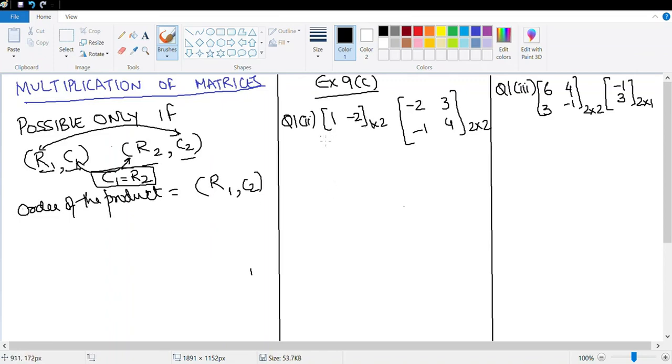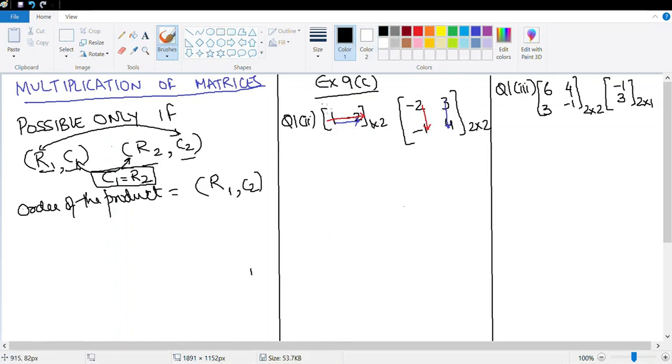So let's look at it. How do we multiply? You go row first and then column, then row again and then column. So you go row multiplied with column, row multiplied with column.